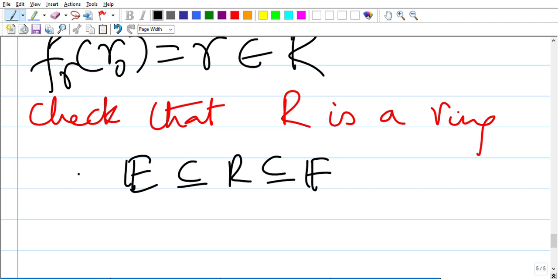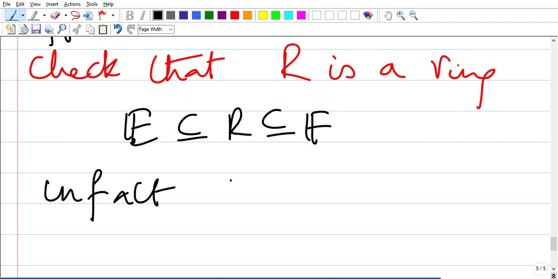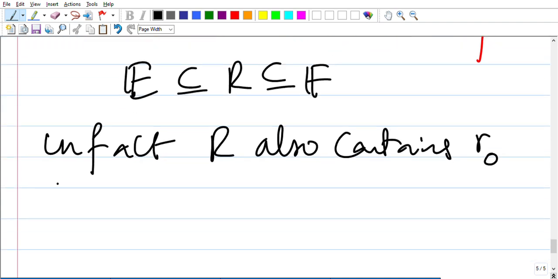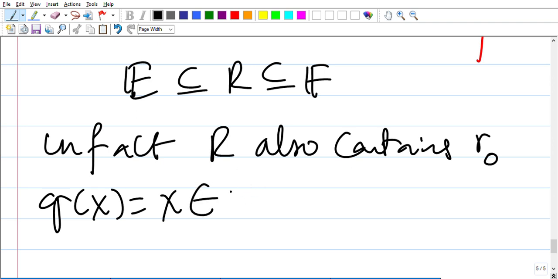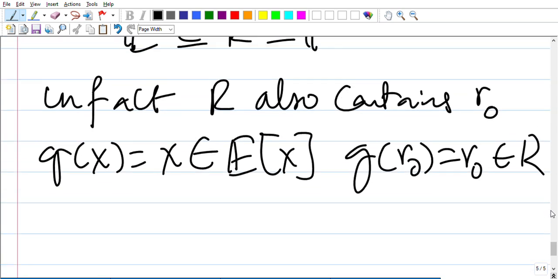In fact, it also contains r0. That's because if you define g(x) to be x, which again is an element in the polynomial ring whose coefficients come from E, then g evaluated at r0 is equal to r0 and therefore is an element of R. Okay.